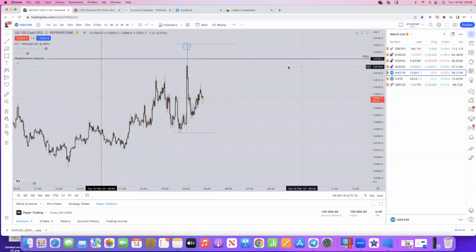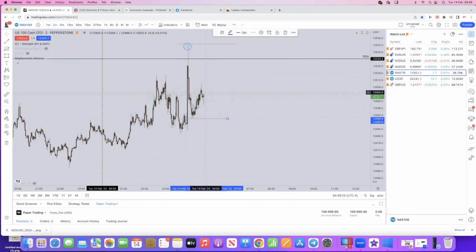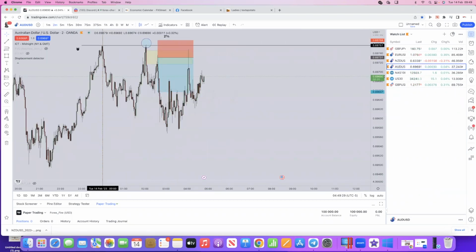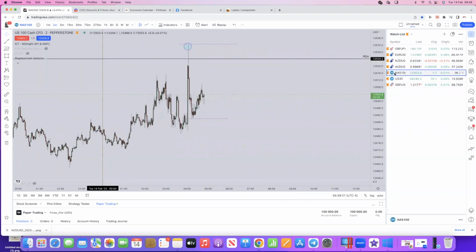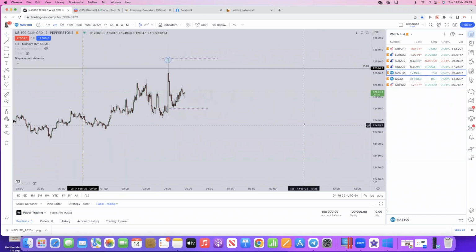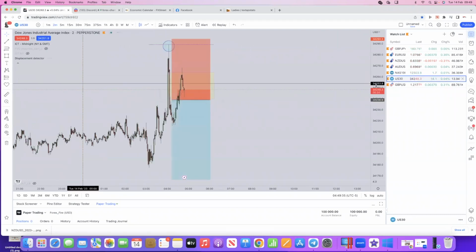Okay, guys, so again, we've got the high, we've got a low. Price has come back and it's failed to take the high, so it's created that new sort of higher low. So that's the range at the moment. We'd wait for a break through this area. The AUD/USD, we already know, gives something. The NAS, we're just waiting for a displacement.